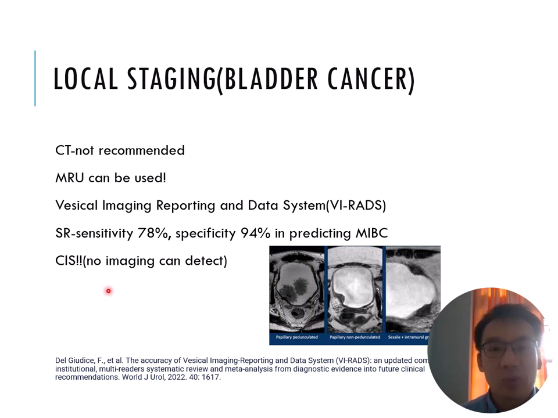However, always beware of carcinoma in situ, or CIS. There is no imaging that can detect it. So you should not use imaging to diagnose a bladder tumor or locally stage it, because you might miss a CIS.